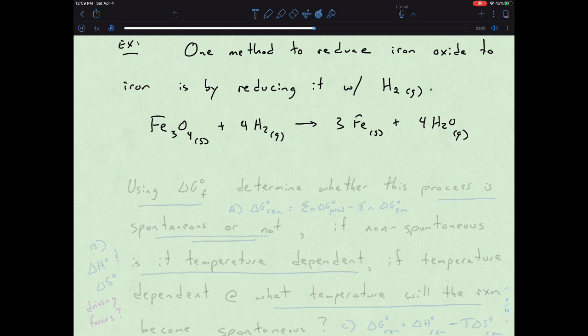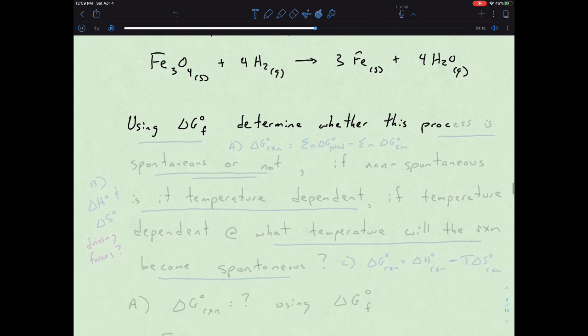And so, using delta G's of formation, determine whether this process is spontaneous or not.